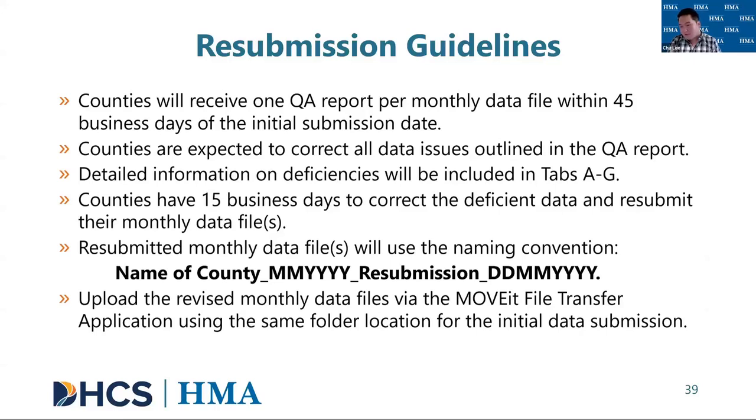Once county receive the QA report, they have 15 business days to correct the issues and then resubmit the data back to DSCS. Resubmitted data files will use the naming convention that we mentioned earlier, and will be uploaded to MOVEit using the same location as the initial data submission. Yeah, so it will be at the same location.